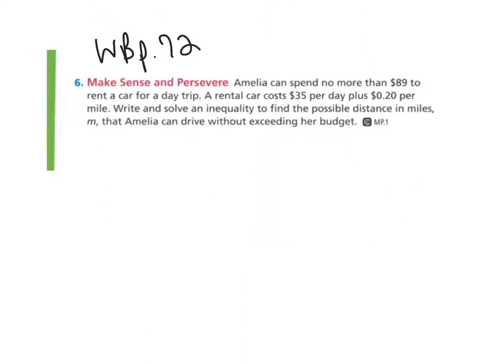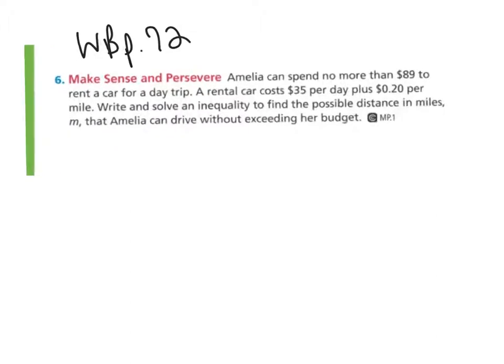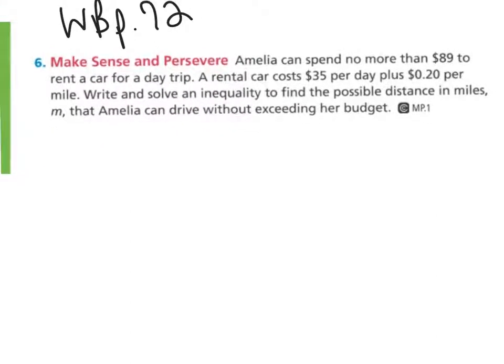Workbook page 72, if we look at number 6. Amelia can spend no more than $89 to rent a car for a day trip. Rental car costs $35 per day plus 20 cents per mile.